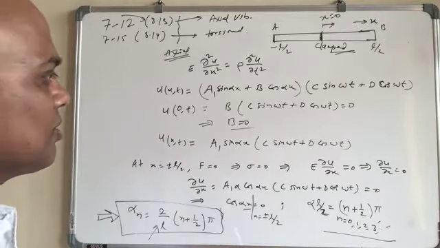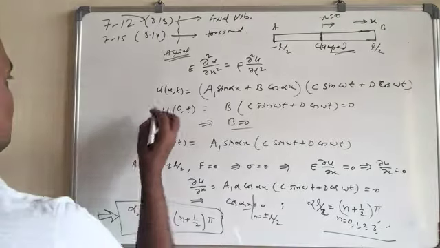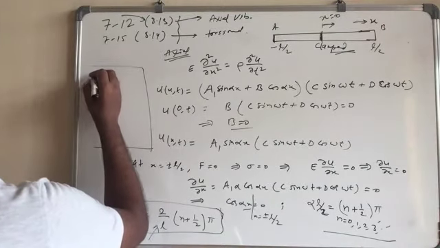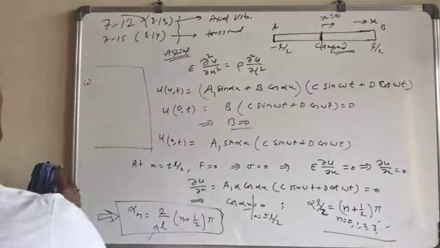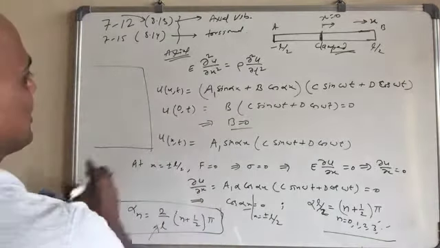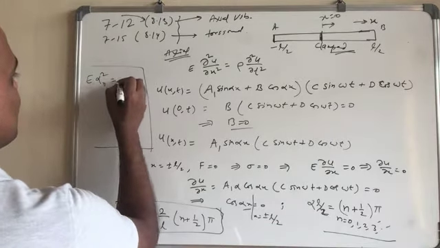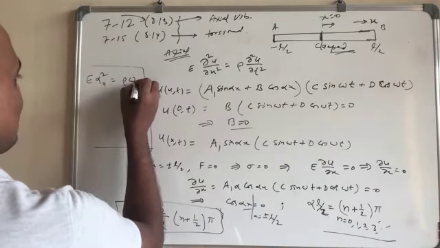For the relation with omega, from this equation you can also find out E alpha n square equals rho omega n square.